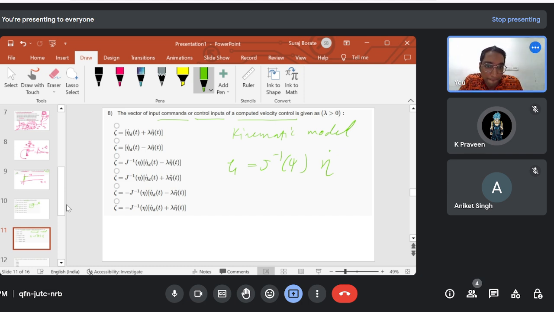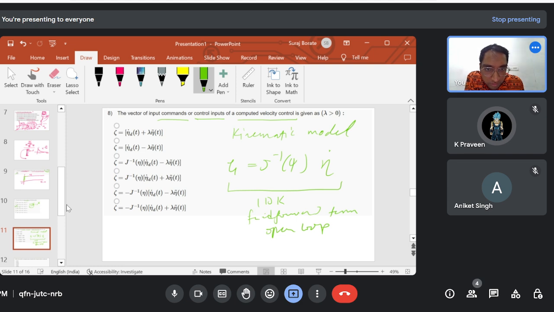And so we will have what? This will be the inverse dynamics control or the feed forward term or the open loop term as we had seen earlier.